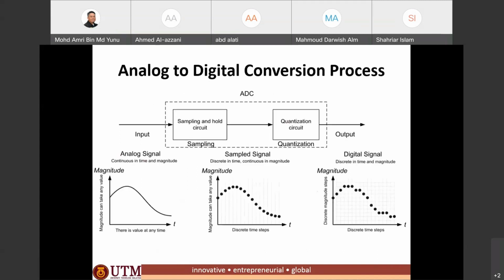Okay, this figure shows how the ADC processes the input: the potential is held by a sampling and hold circuit, then there's an ADC and the quantization circuit, and then we get the output.